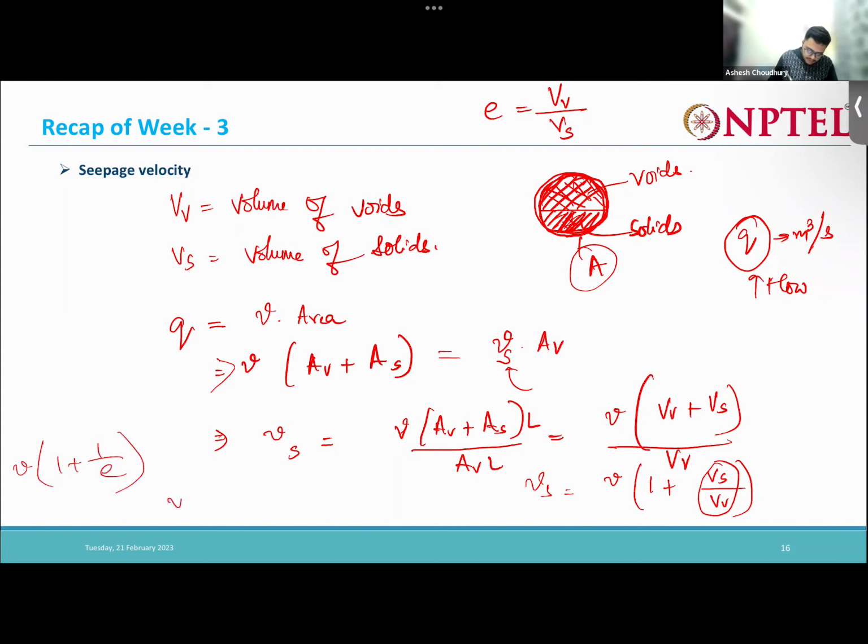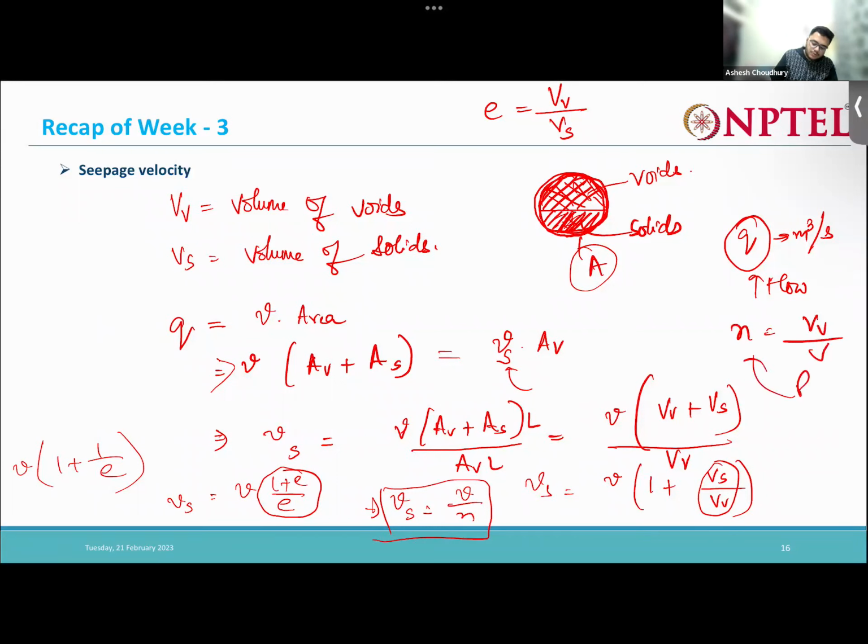So we have Vs equal to V into (1 plus e) by e, right? And this term, if you remember, is nothing but 1 by n. So Vs is nothing but V by n, where n is volume of voids by total volume, nothing but porosity.